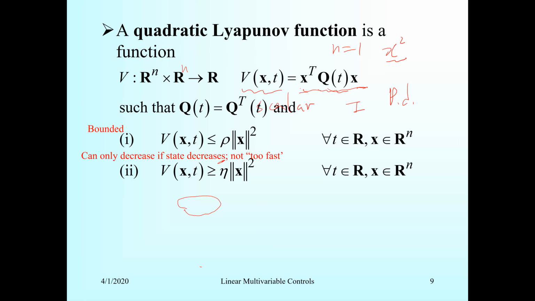The eta could be zero. But fundamentally V is positive, so it's greater than 0. So eta could be 0. Yes, could be. So therefore, you don't really have to find out eta.